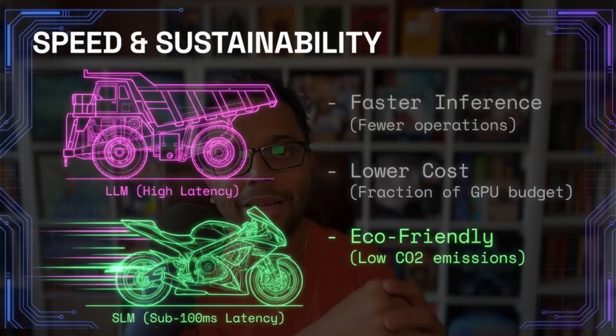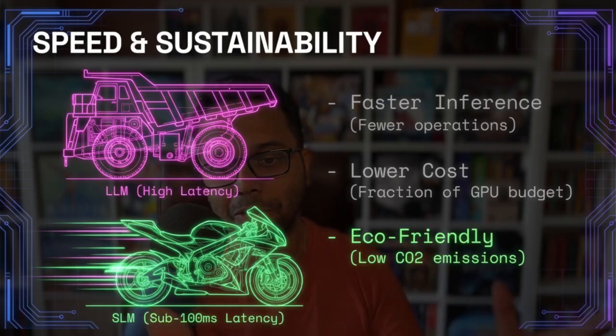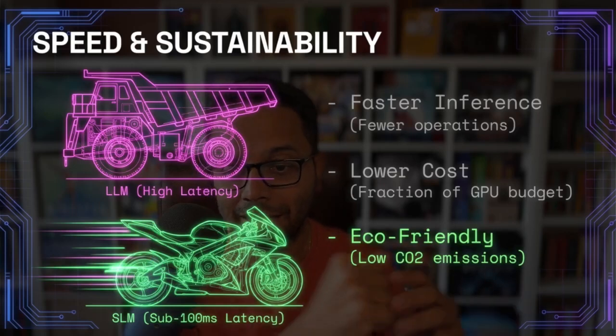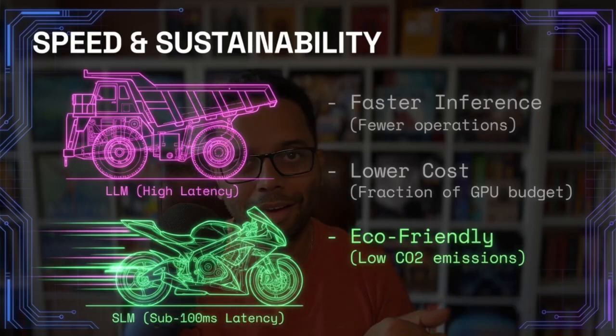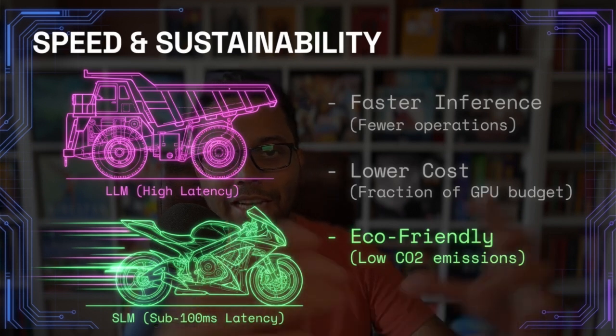I've used them specifically for browsers, and they are eco-friendly. You don't have to have those high GPU clusters running 24 hours to serve them. You can use them only when you want to, and the rest of the time you can keep them hibernated.